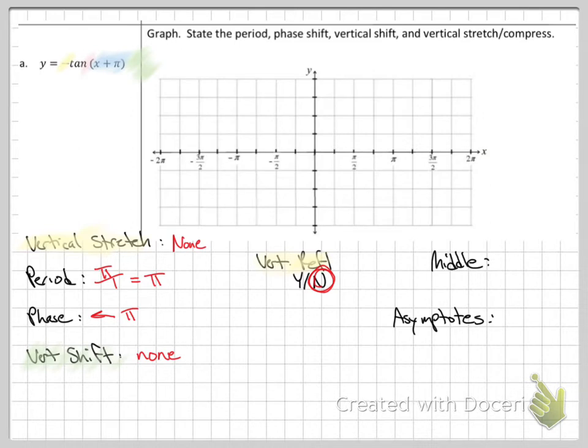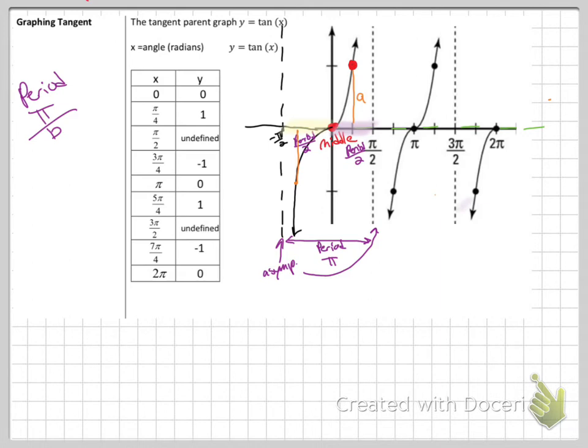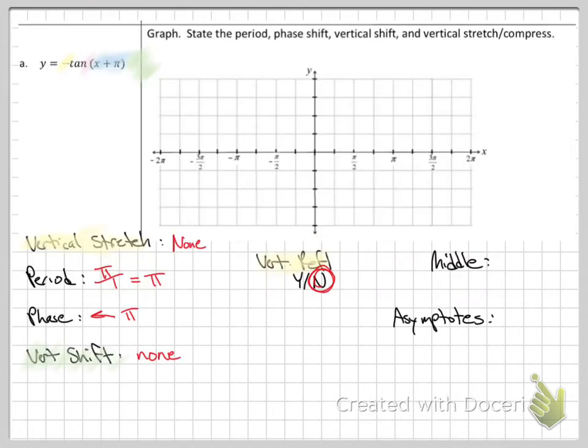So the middle is going to be exactly where the phase is. Because remember over here the middle was at 0? So if I'm going to move this thing left and right and up and down, that's where my phase is going to be. So the middle is going to be left, so negative pi will be the middle of my tangent function. And then my asymptotes, you're going to do middle plus and minus half the period, period over 2.